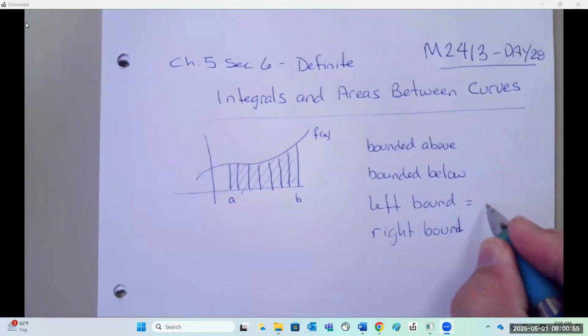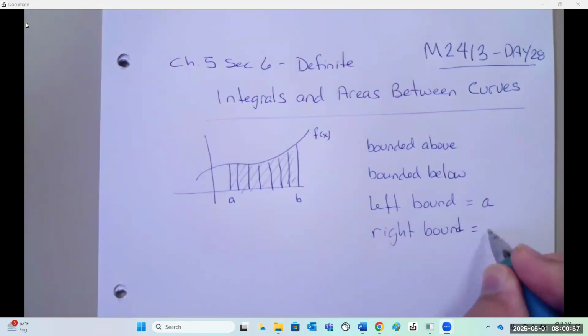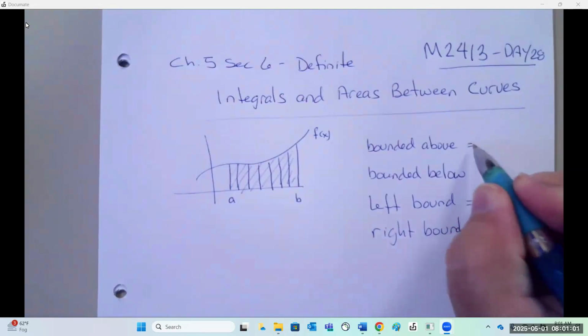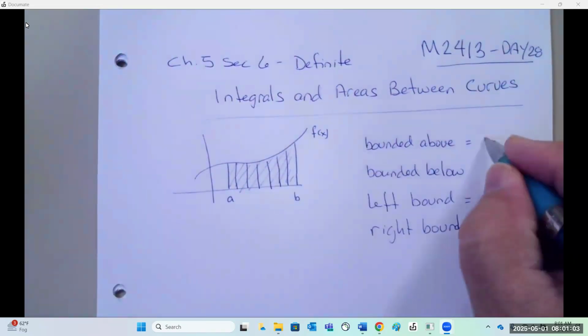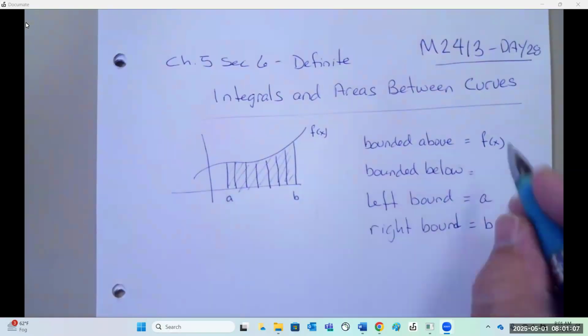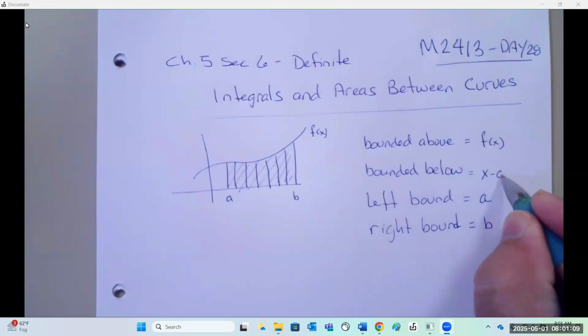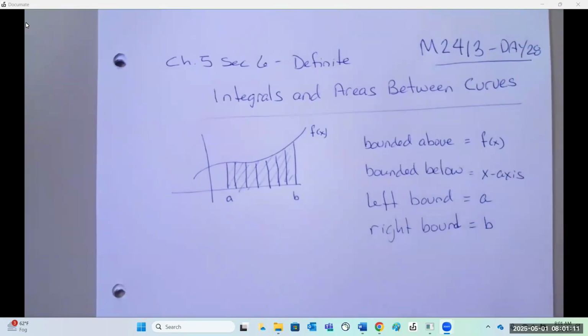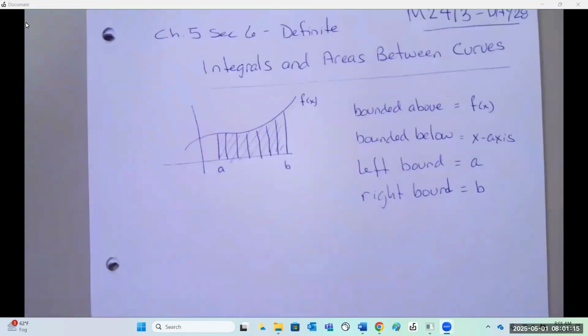The left bound is A, the right bound is B. What's above is our function, and what's below is the x-axis. So far, so good. I mean, that's what we've been doing.